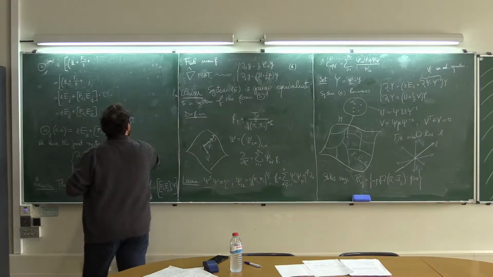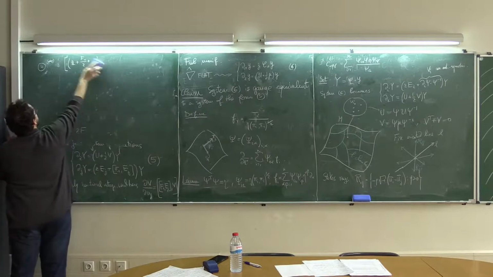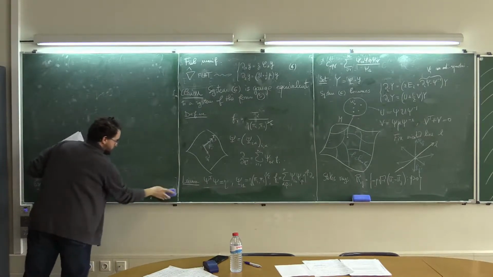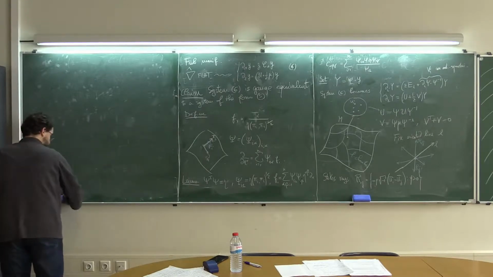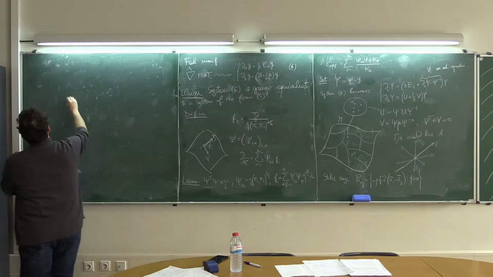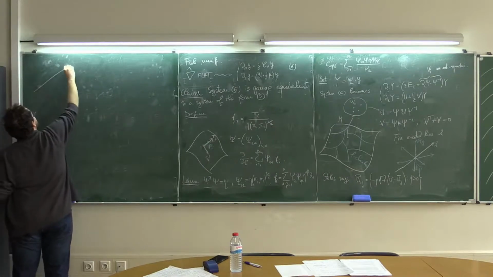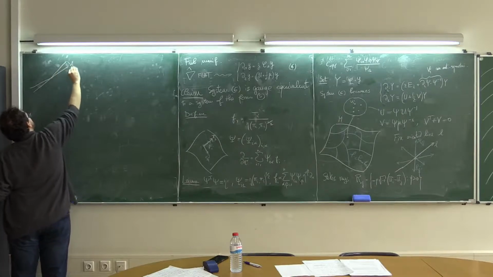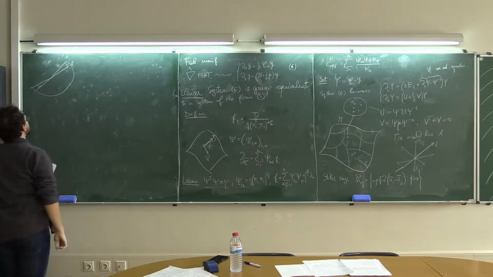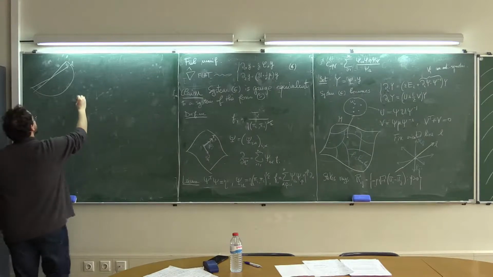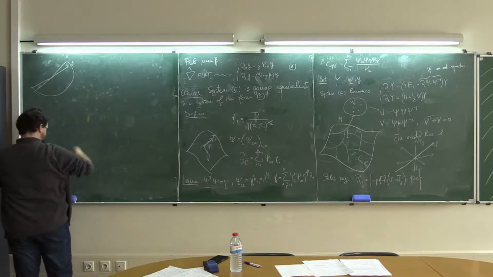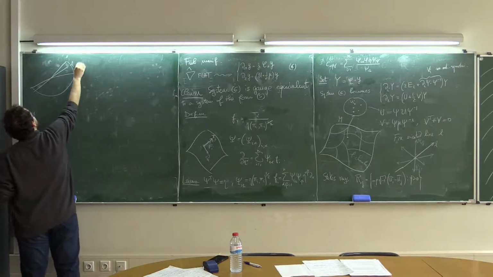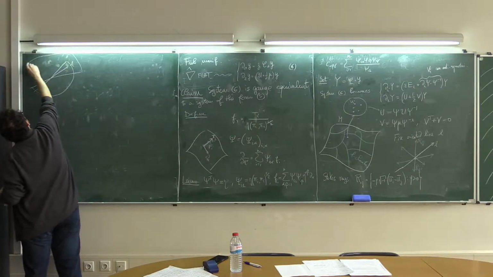And moreover, we can also use this oriented line L to define two Stokes sectors. One Stokes sector will be defined by a slightly bigger half plane on the right of the line, and the other one will be on the left. Of course, this sector should be interpreted in the universal cover of C star.